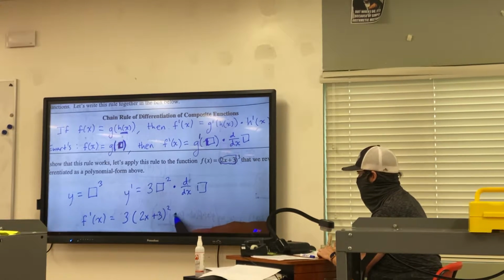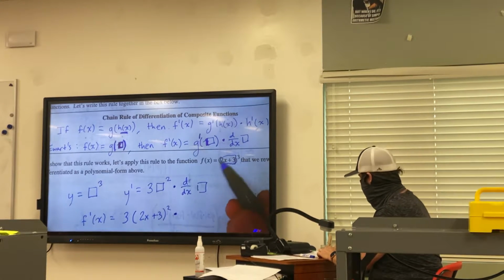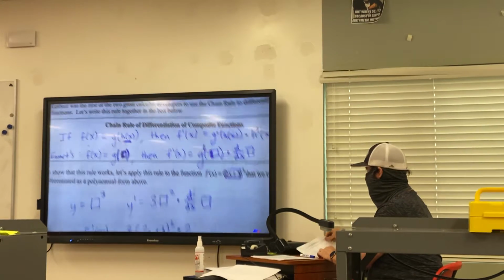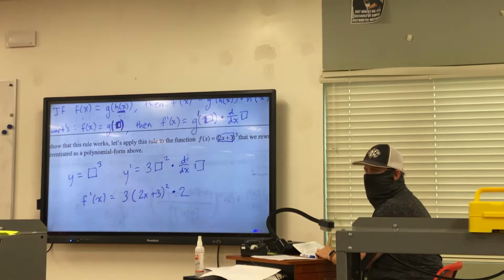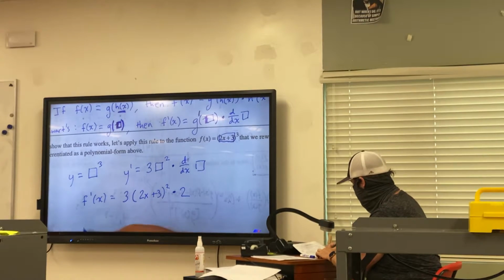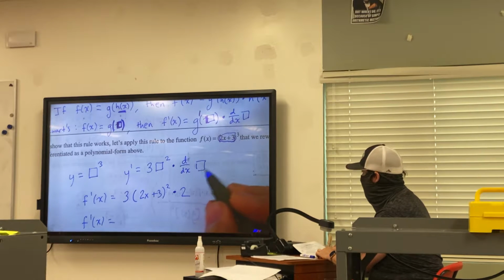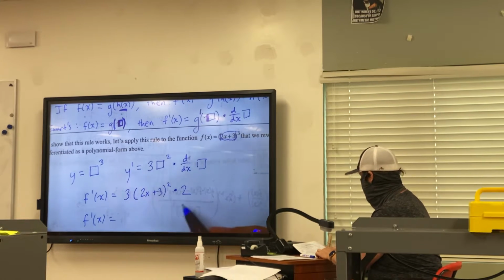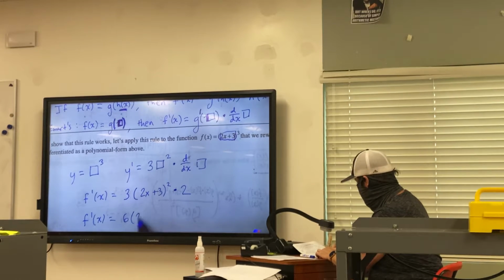And then times the derivative of the inside. What's the derivative of 2x plus 3? 2. And so I never actually wrote this d dx, that's just my notation, right? I just performed the derivative of whatever was inside. So 3 times 2 is 6, times 2x plus 3 squared.